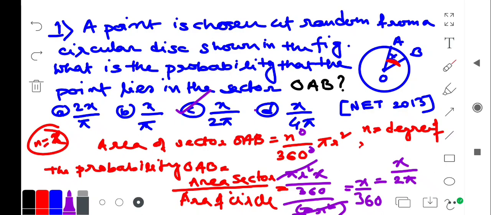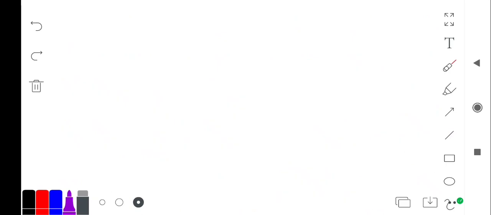The probability of OAB equals area of sector by area of circle, equal to pi r square x by 360 degrees by pi r square. So ultimately x by 360 degrees equals x by 2 pi.